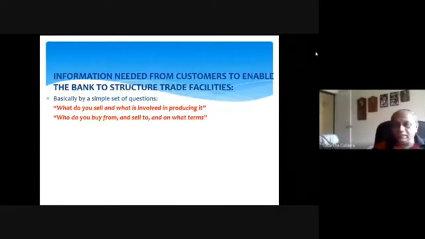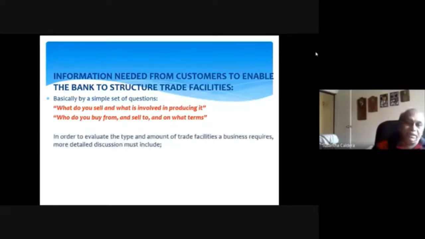Are you going to sell it to the local market or export it, and to which countries? Then you have to ask, on what terms are you selling? Is it DP or DA? All those simple questions you have to ask.